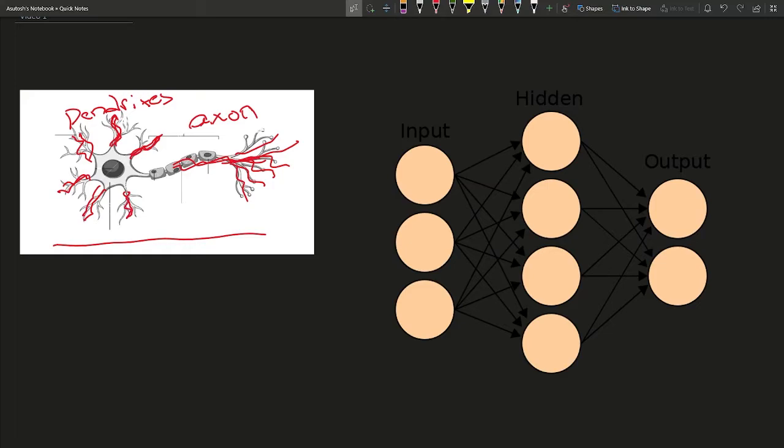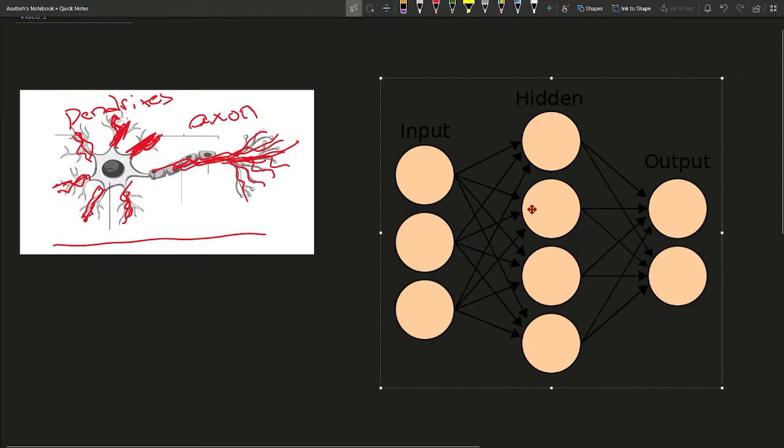Because these are connections to other neurons and dependent on them, they can all be different. This strand right here could be connected to a neuron that has fired, this one could be connected to one that hasn't fired, and so on. So the inputs don't have to be the same, but the output is going to be the same because there's only one output going into many different neurons.